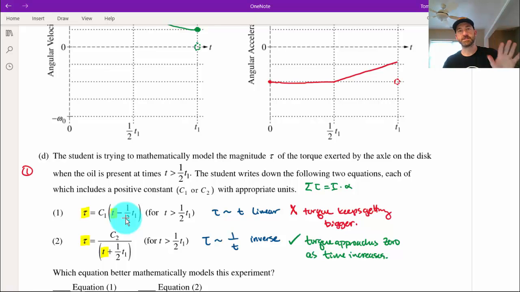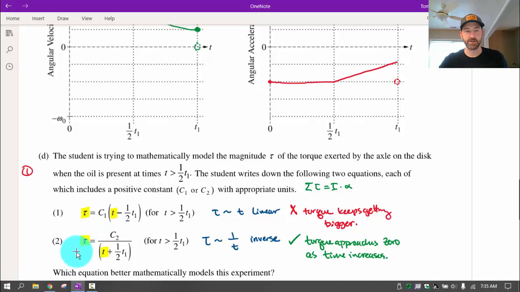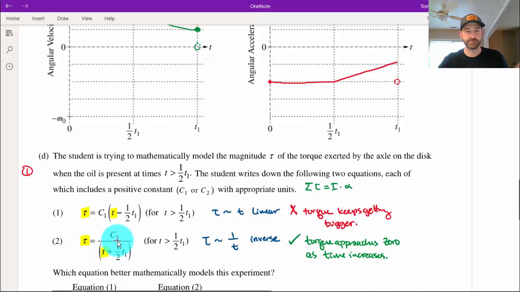And the reason I had to pause the video and take a look is because technically the angular acceleration is negative, and in this torque equation that we have right here, if you're adding something and C2 is a positive number, then that torque would be a positive number. But right here it says model the magnitude of torque, but then C2 is a positive, I don't know.